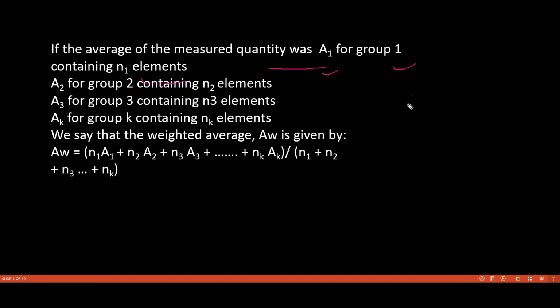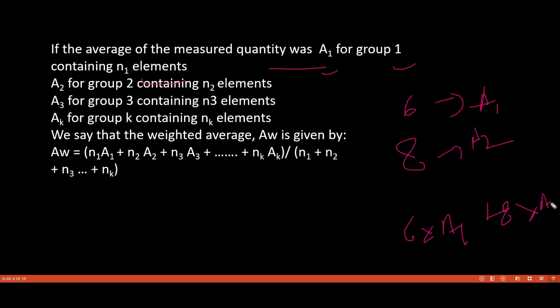So for example, you have 6 items and the average for that is A1, and you have 8 items and the average for that is A2. So how will you take the weighted average? (6 into A1 plus 8 into A2) upon (6 plus 8). So this is how you take the average. We say that it is a weighted average.